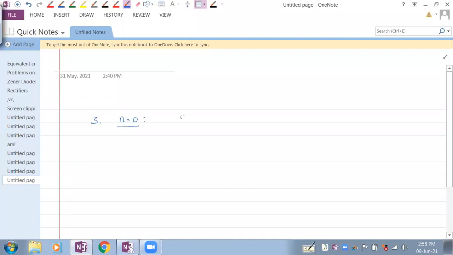That means we are obtaining y of 0, which is given as the summation over k from -infinity to infinity of x1 of k and x2 of n minus k. So it's 0 minus k, which means it is x2 of minus k. This is how the equation would become.